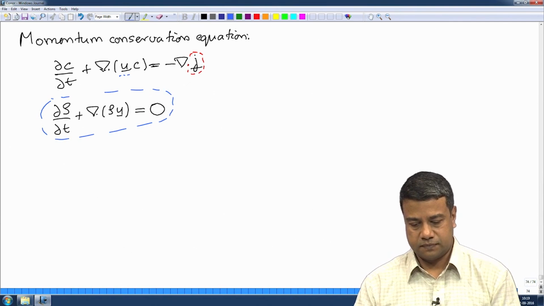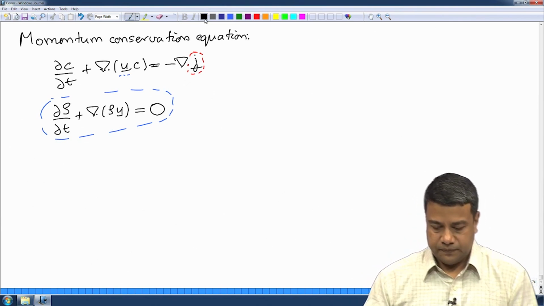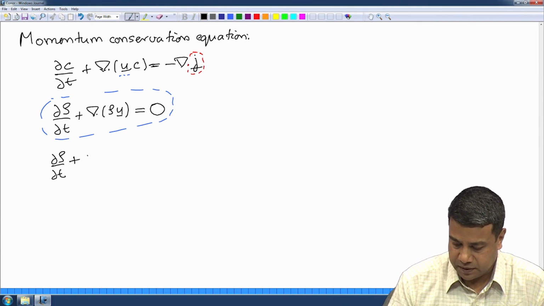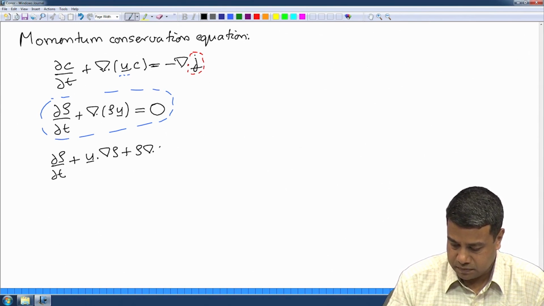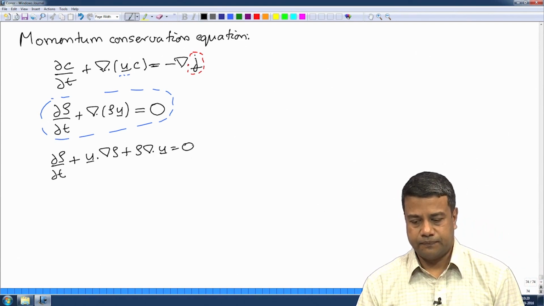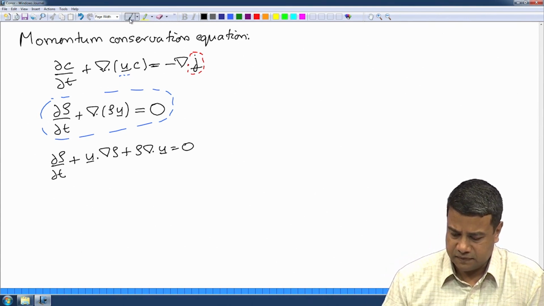I can expand this out. You can think of this expansion in a Cartesian coordinate system, for example.